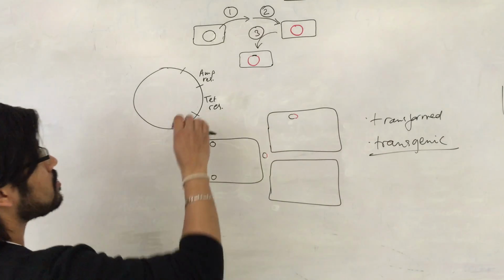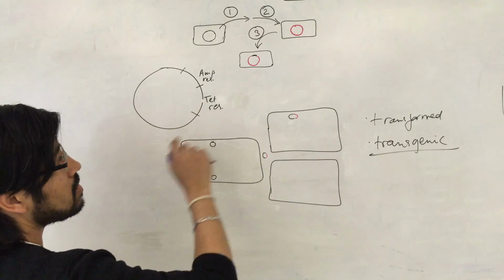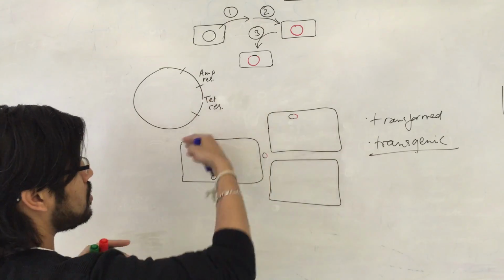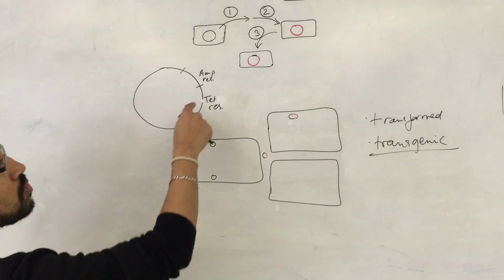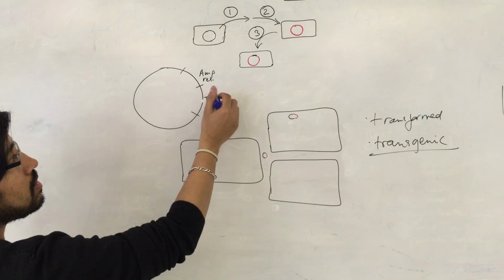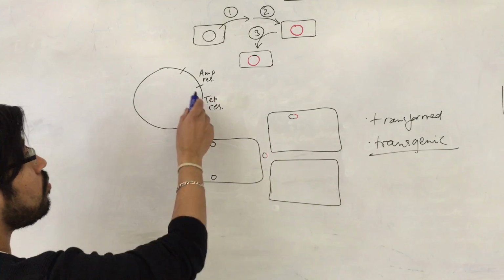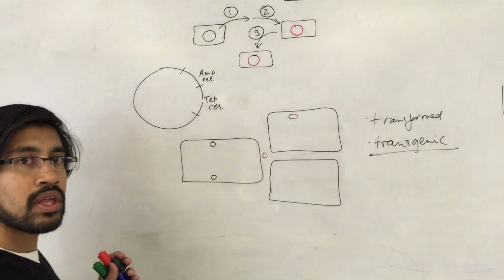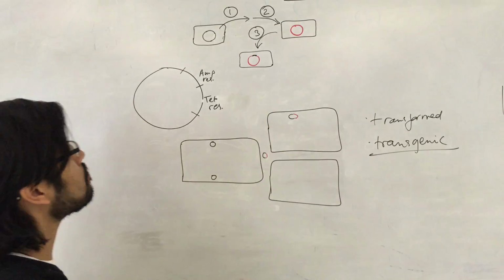Okay? Now, this is the clever bit, because the restriction site that the fragment gets inserted into is in the middle of one of the genes for antibiotic resistance.